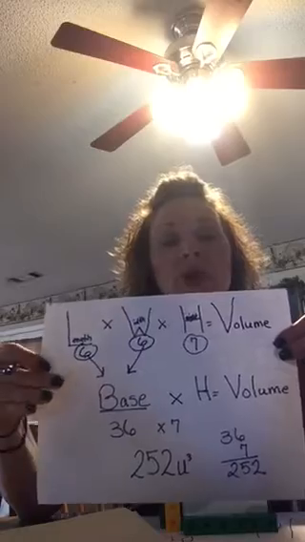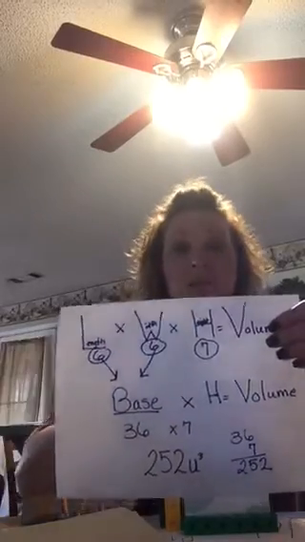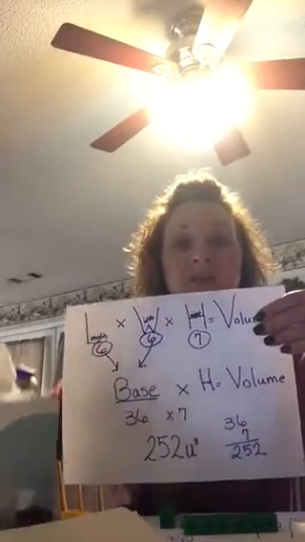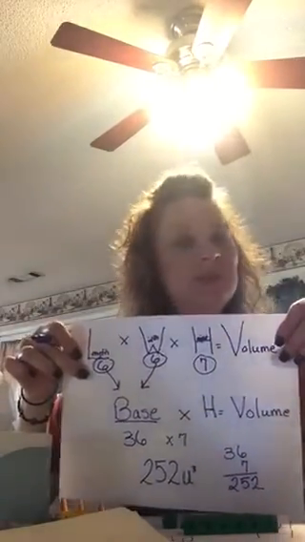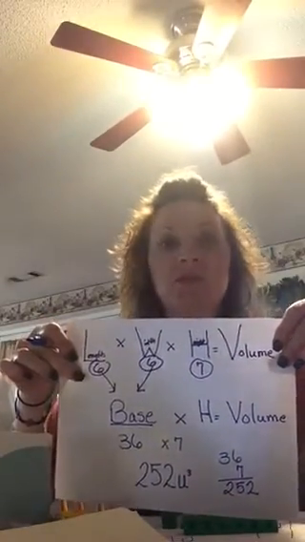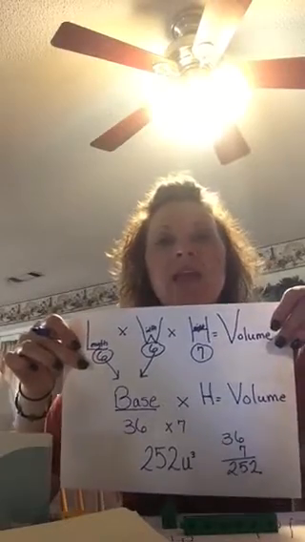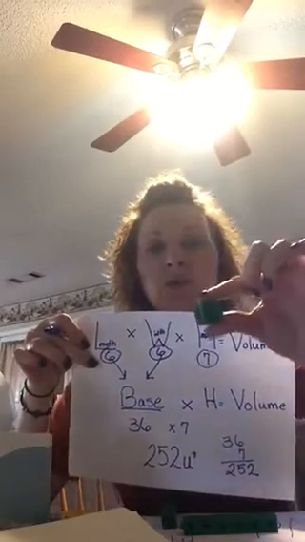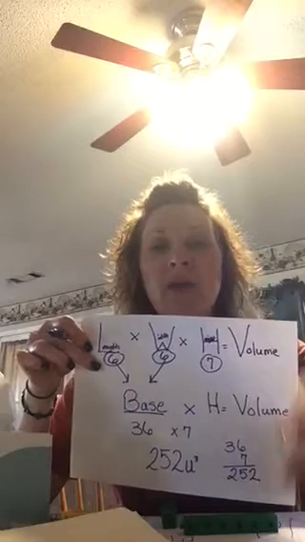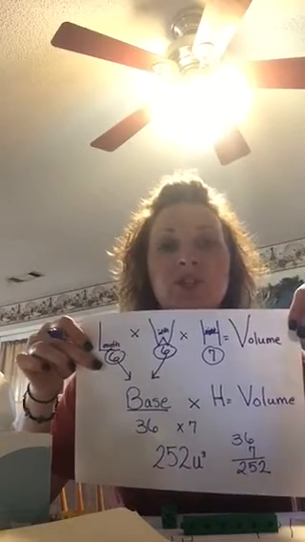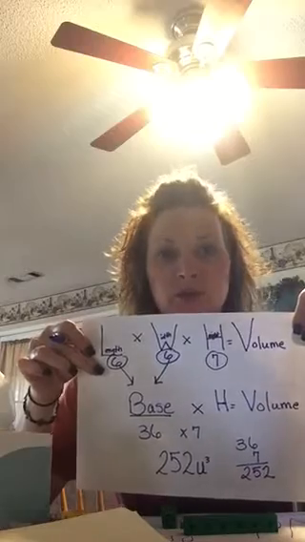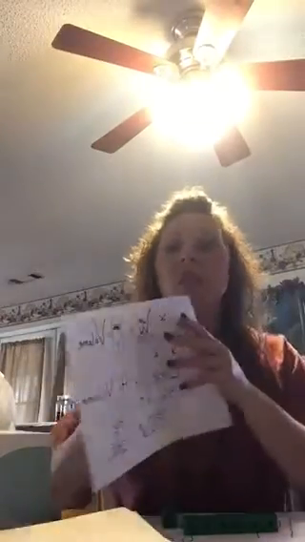That lets the world know that the amount of volume in this Kleenex box is 252. Not 252 inches, not 252 feet. It's 252 units measured 3 directions. 252 units cubed.